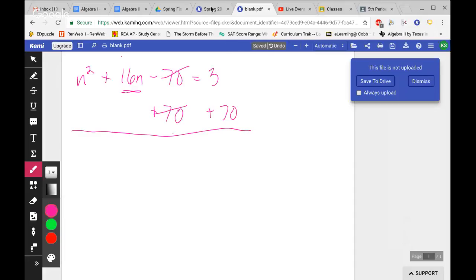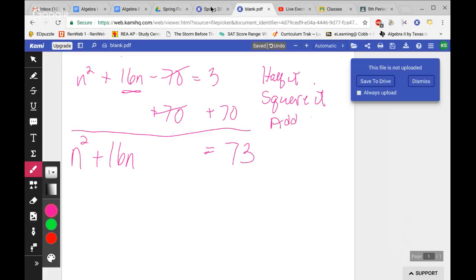Okay. All right. So we're going to cancel those out, because that's going to give us our space. And so now I have that space right here to do the half it, square it, add it.